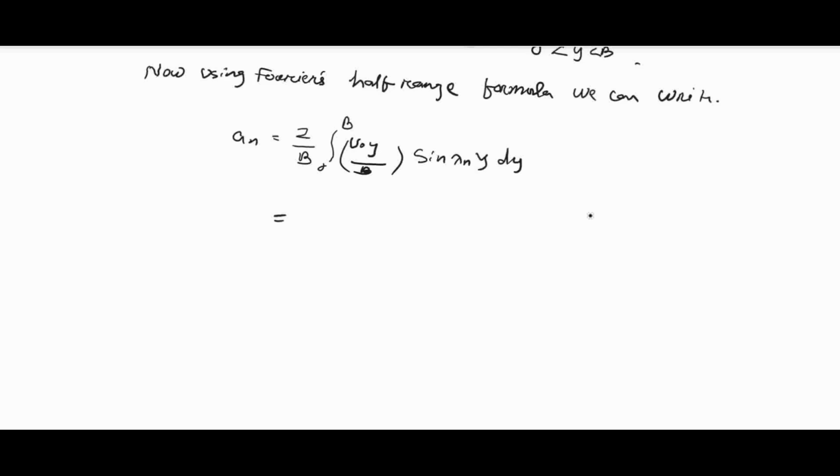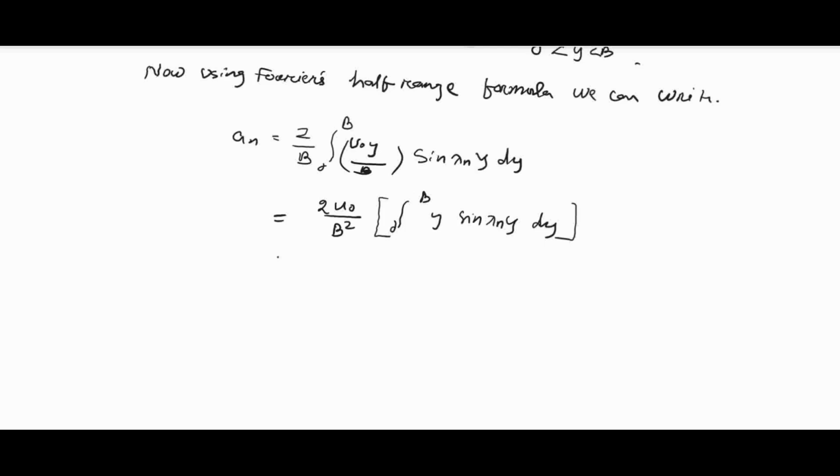So we get 2u0 by b squared, integral from 0 to b of y sin(λ_n y) dy. Let us integrate this one.